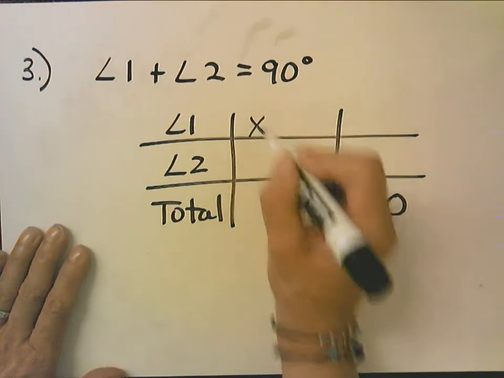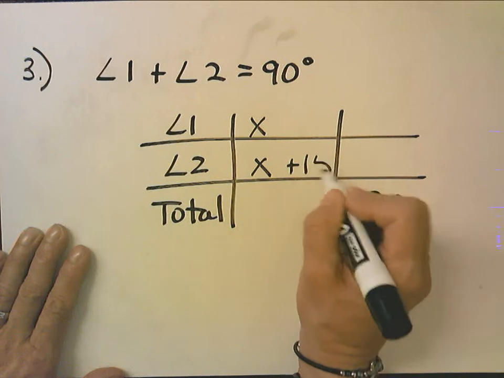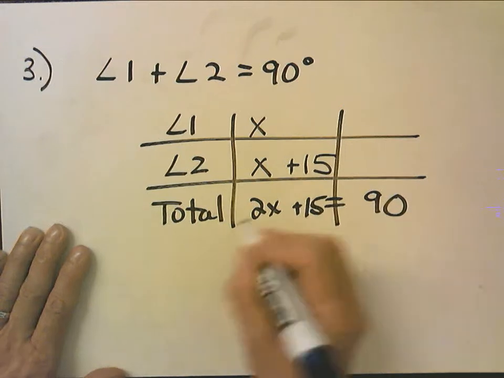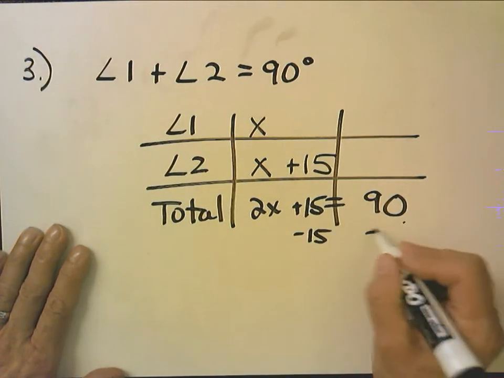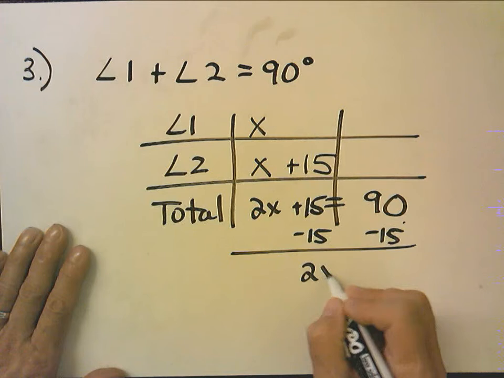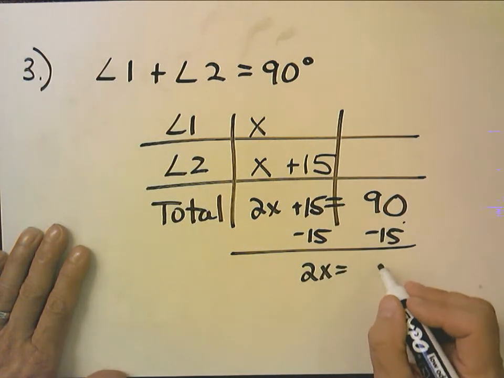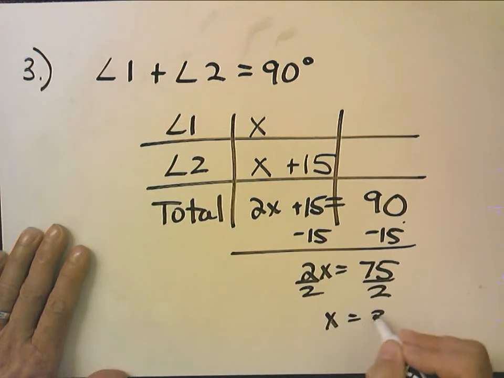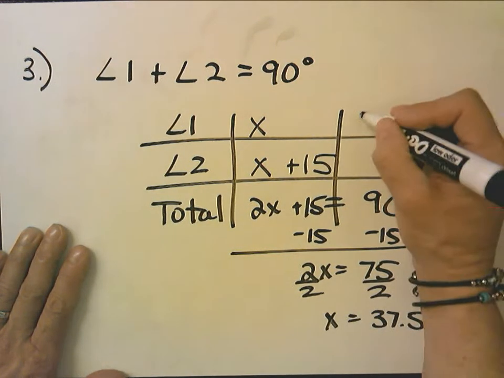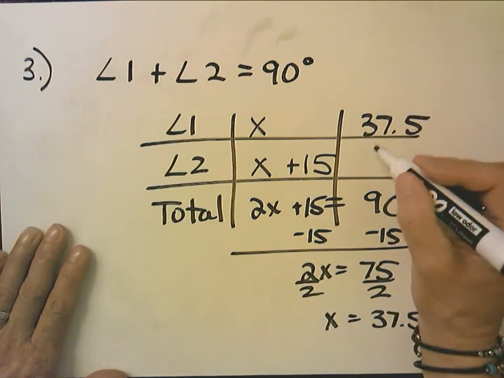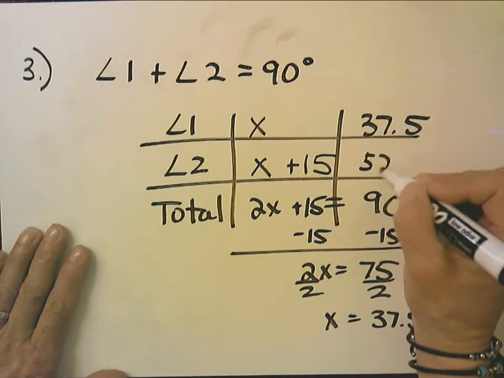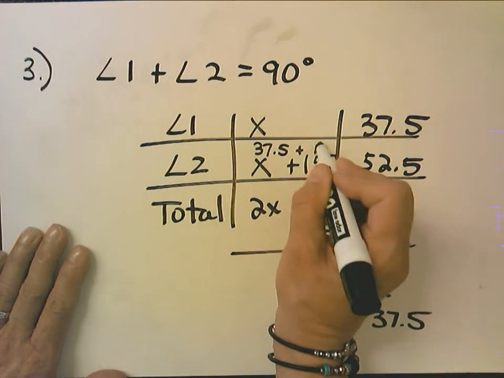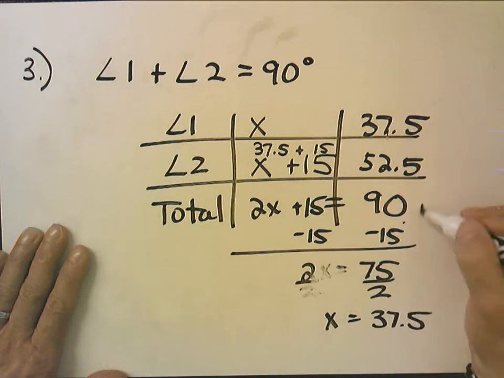Well, I don't know this, but I know this is 15 degrees more. Add them together, and when you add them together, they equal 90. Subtract 15. Divide by 2. If this is 37.5, then this is 52.5 because I add 37.5 plus 15. Add these together and it equals 90.